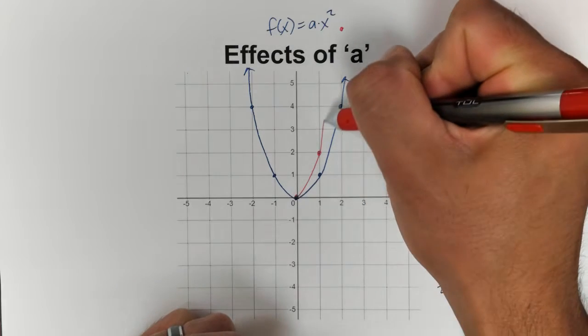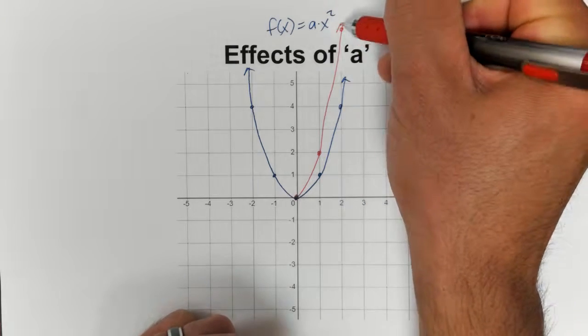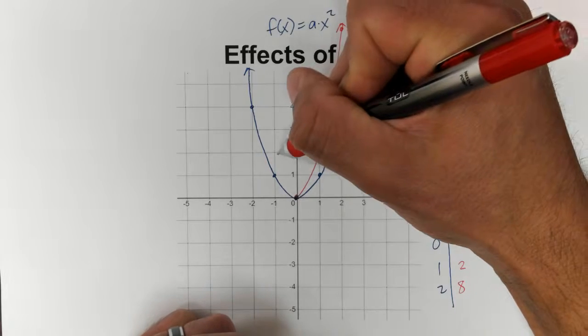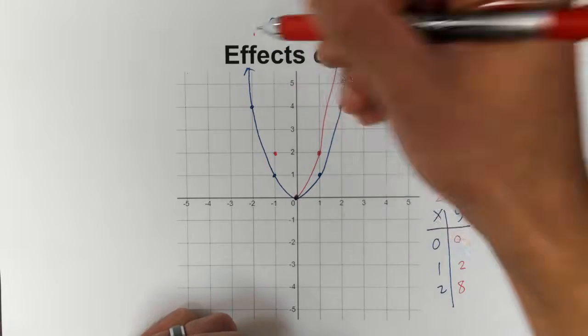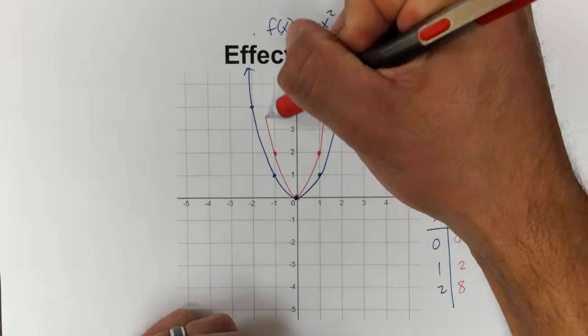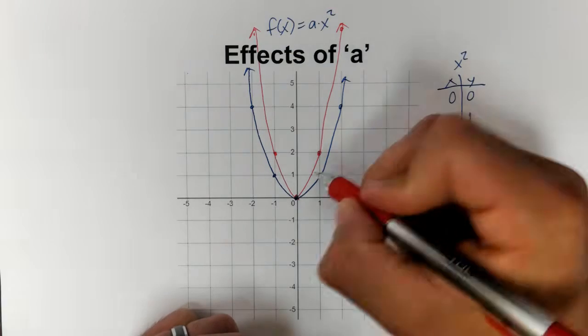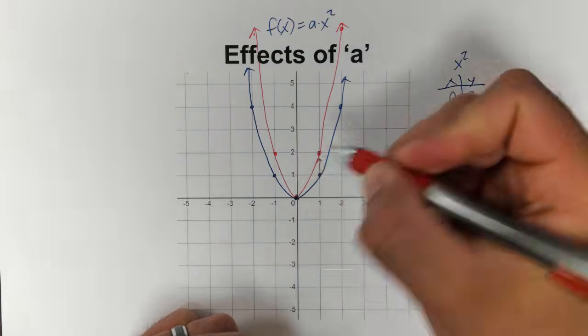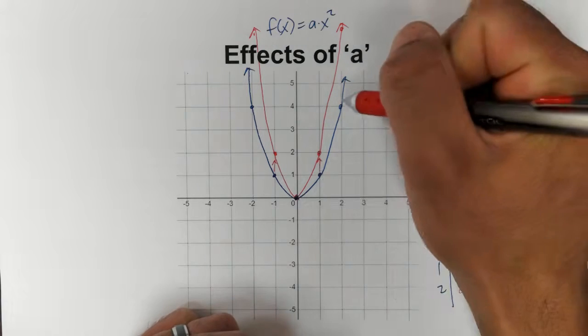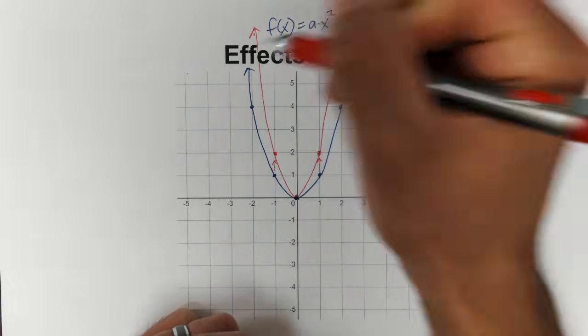And now this parabola will get a little bit narrower. As you can tell, this point moved up a little bit higher, and then this point moved up even more.